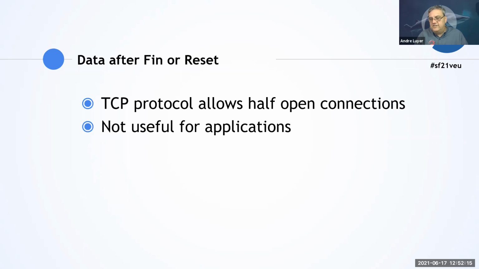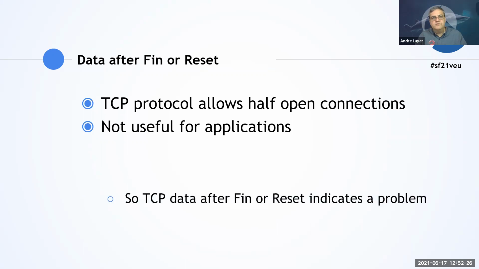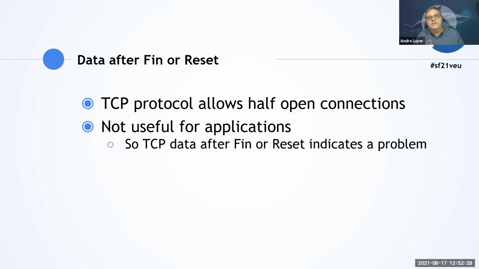That's not useful for most applications, or practically all. So in practice, half-open connections are not used, right? So when you do see it in your PCAP, your network capture, it's a strong indication that something went wrong, not on the network level, but on the application level, right? So that's a nice thing to look for.